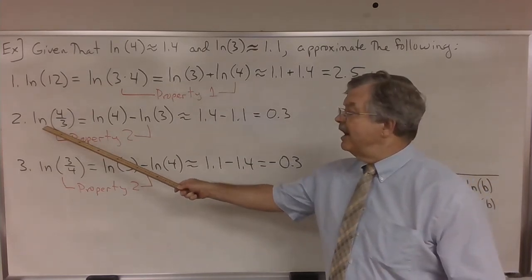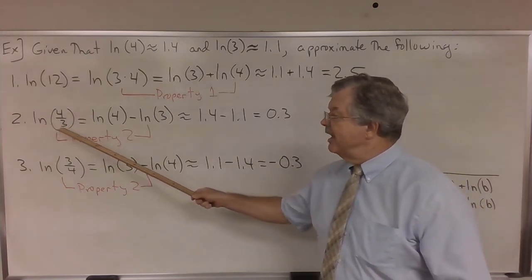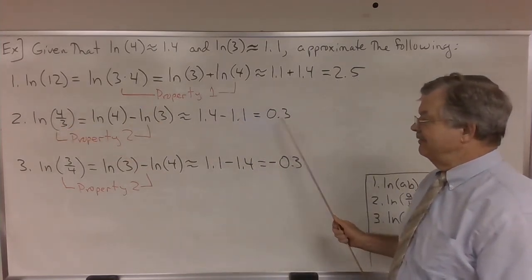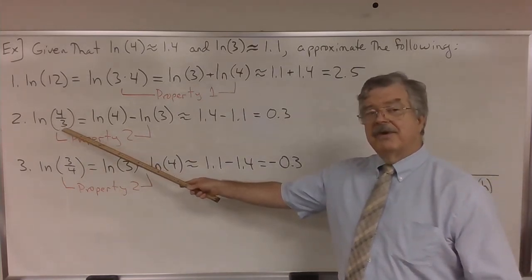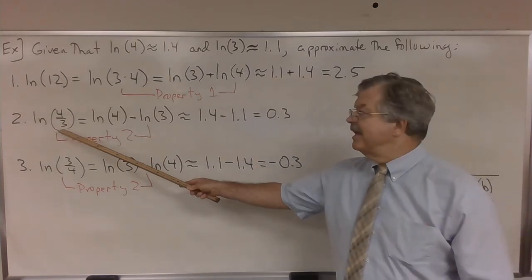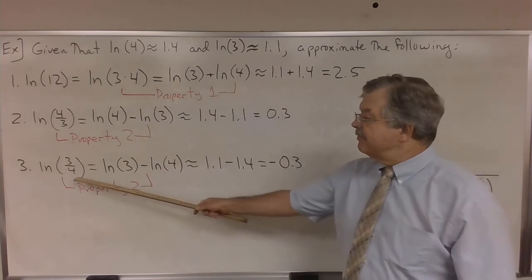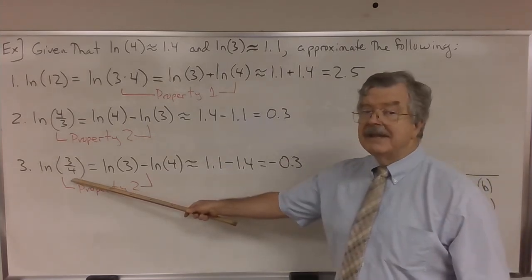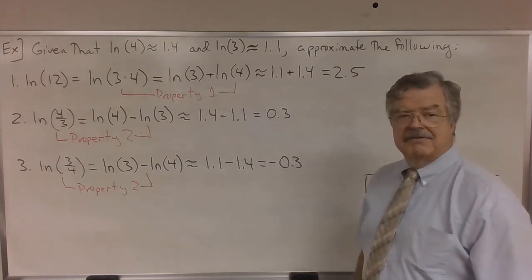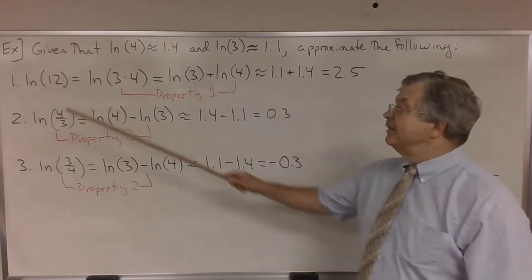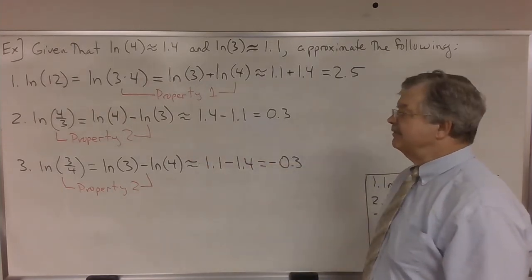And notice that it's greater than 1, and its logarithm is positive. 3/4 is less than 1, and its logarithm is negative. 12, it's greater than 1, its logarithm is positive.